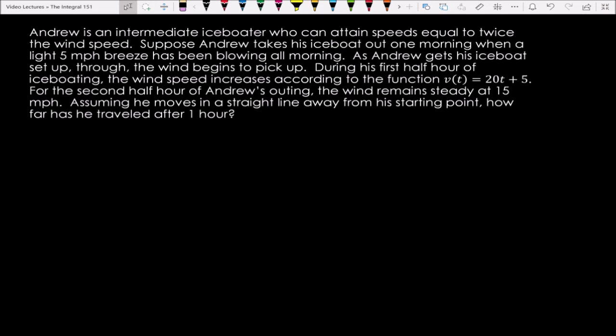Right, so first we need our function. Let's call it v of t, and this is a piecewise function. It will be 20t plus 5 for the first half hour. Then it will be a straight 15 for the second half hour.